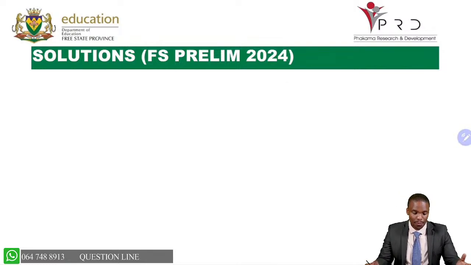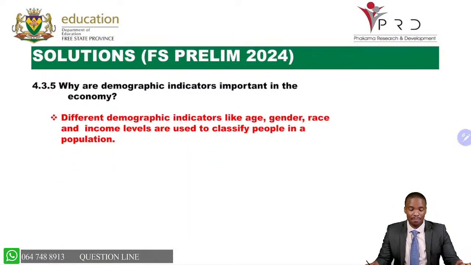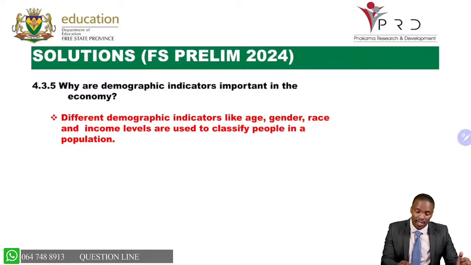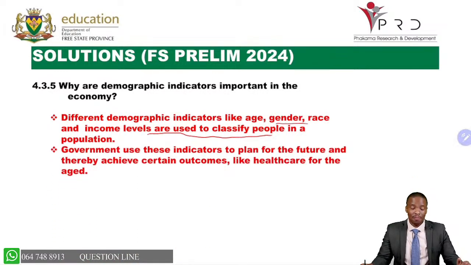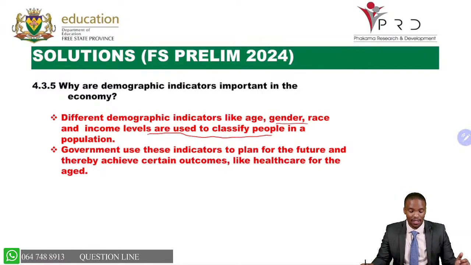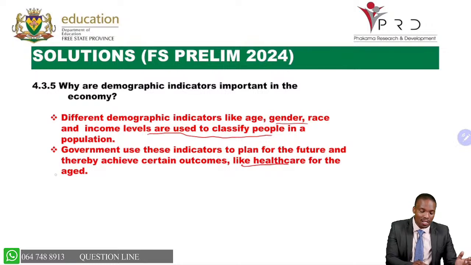Okay, and then the last one, why are demographic indicators important in the economy? Remember the demographics, we said they refer to age, gender, race, as well as income levels. These are used to classify people in the population. The government uses these indicators to plan for the future and thereby achieve certain outcomes such as healthcare for the aged.